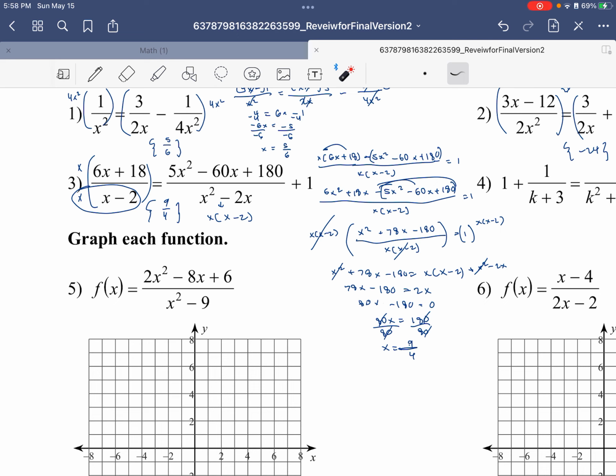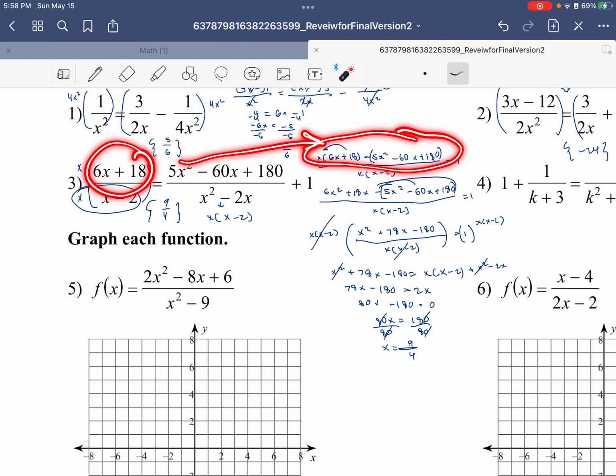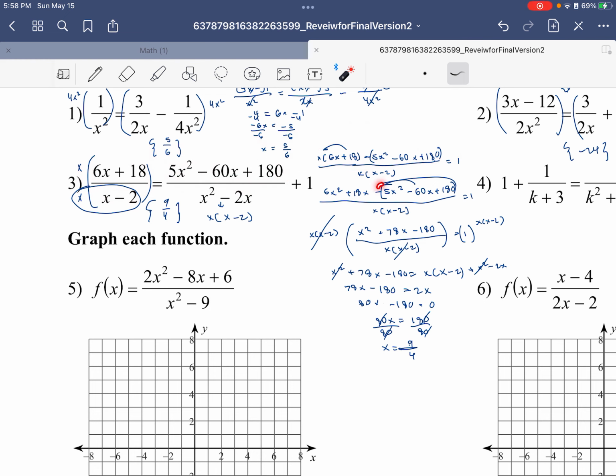And then we rewrote all of it over here, so we have our numerator here and then this other numerator here, and it's minus, so we keep the sign, and we distribute it into everything else, and then we combined like terms to get this.